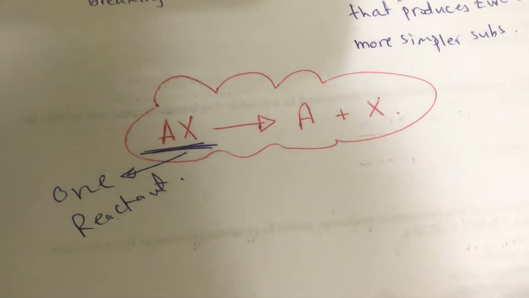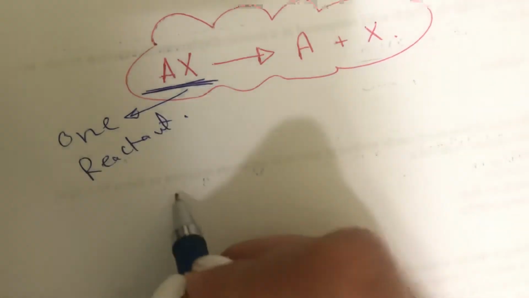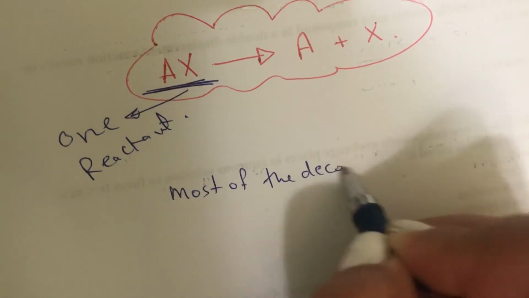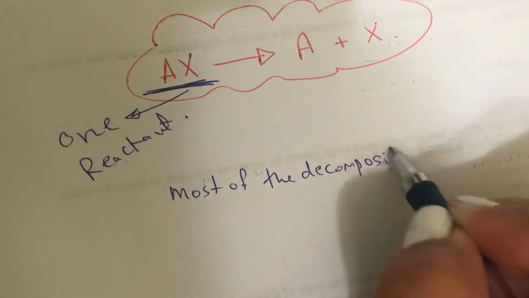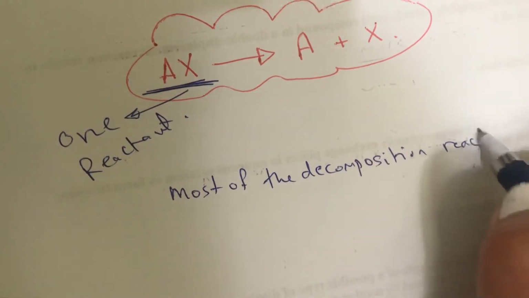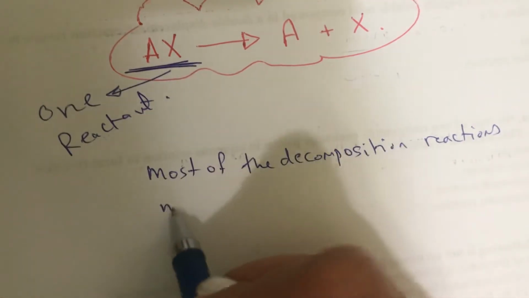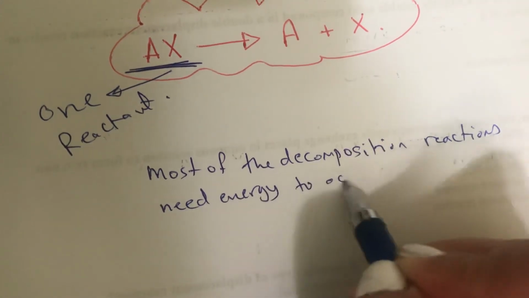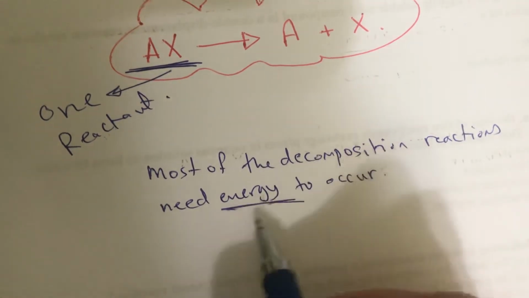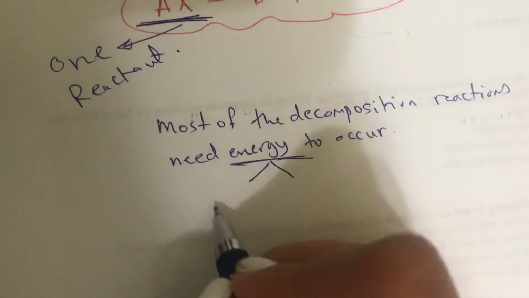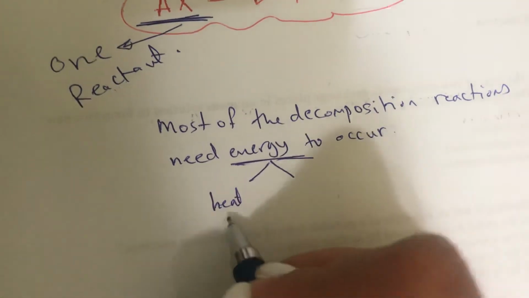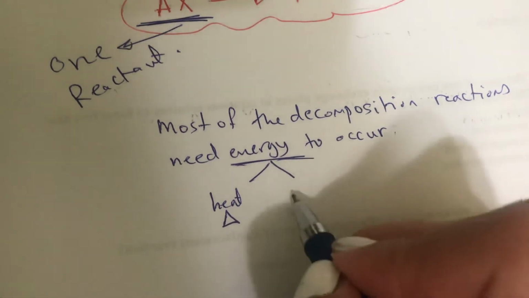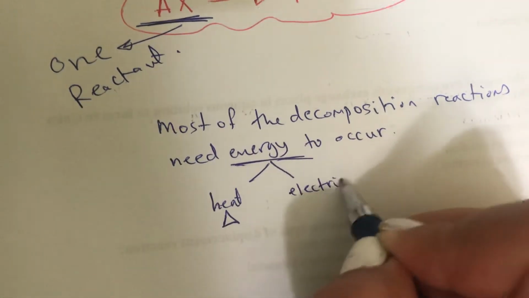You have to know that most of the decomposition reactions need energy to occur. This energy is heat, which is represented by delta or triangle, or electricity.